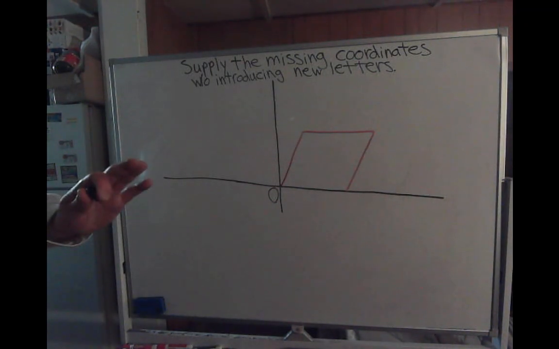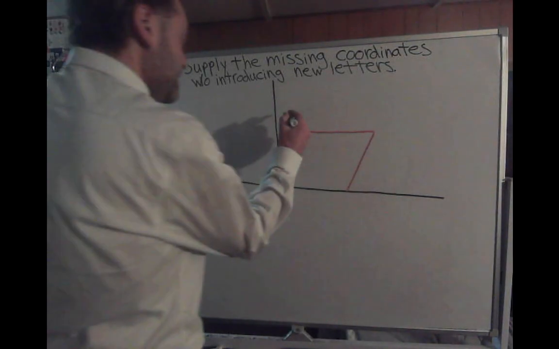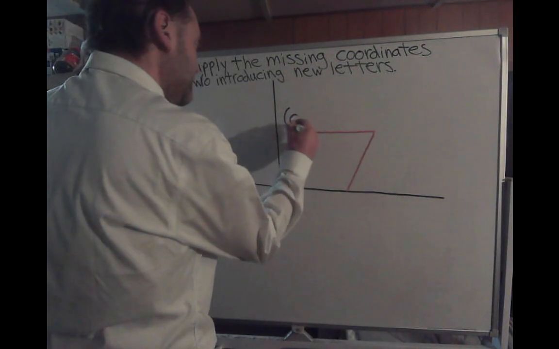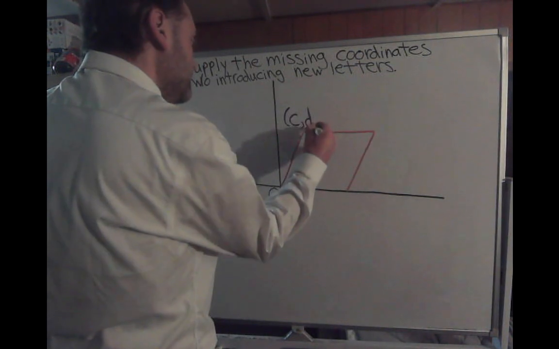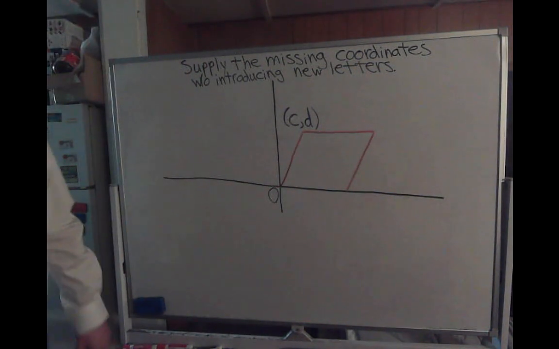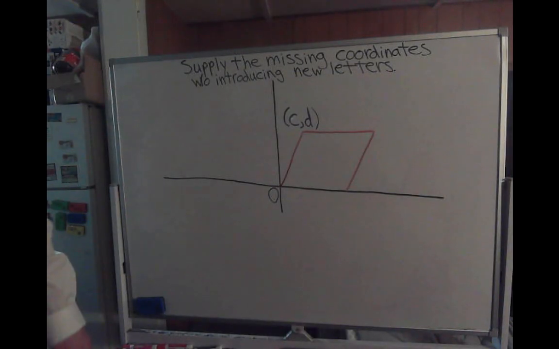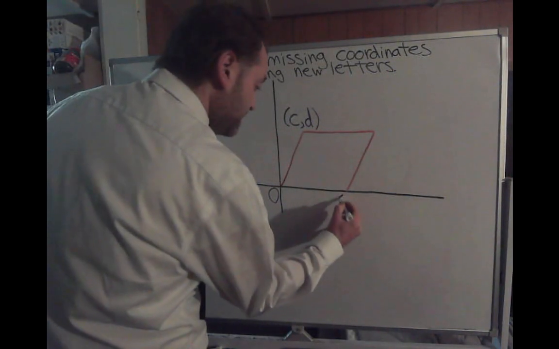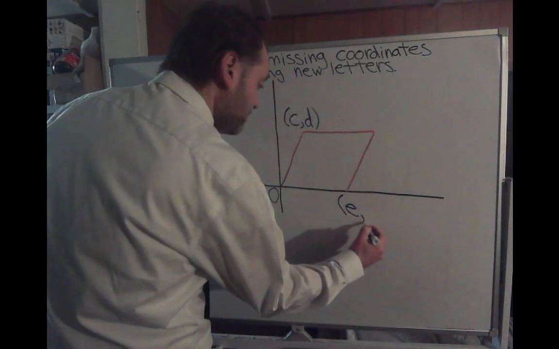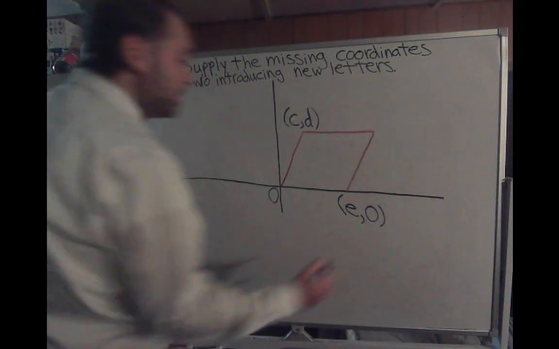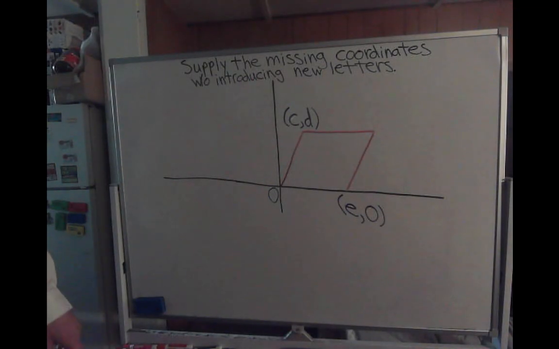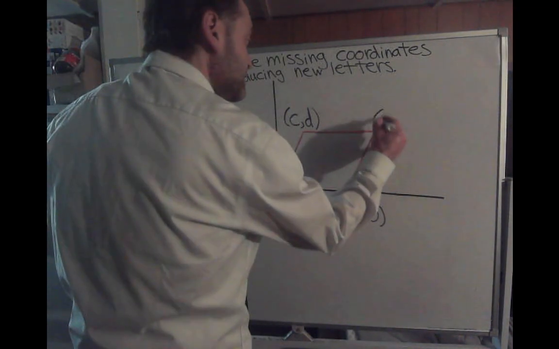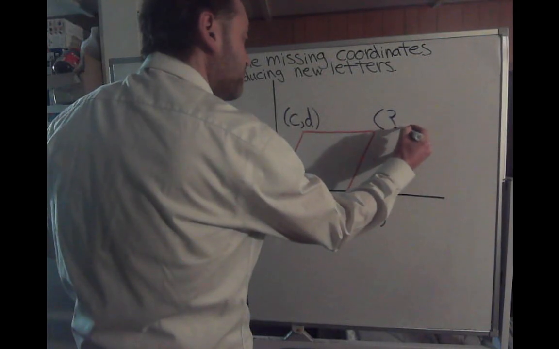The top left coordinate has a coordinate of C, D. The bottom right coordinate is going to be at E, 0. What we're being asked to find here is the coordinate of the top right vertex.